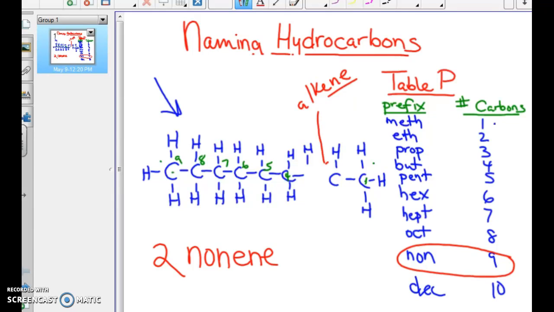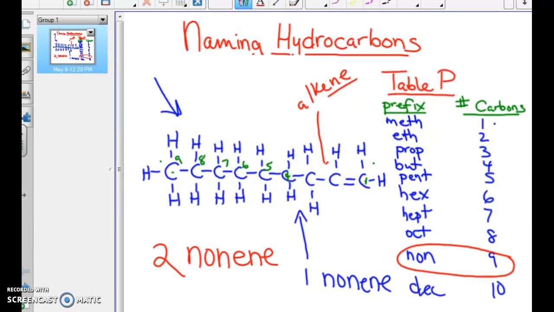So I put my double bond here, bring that up, and there was a carbon there. Here we go. So this is 1, 2, 3, 4. This molecule, by comparison, would be called 1-nonene.